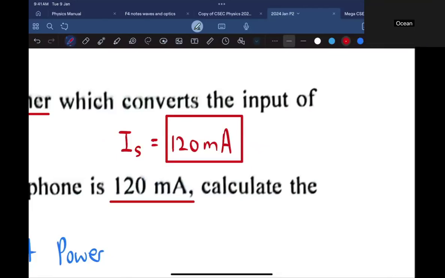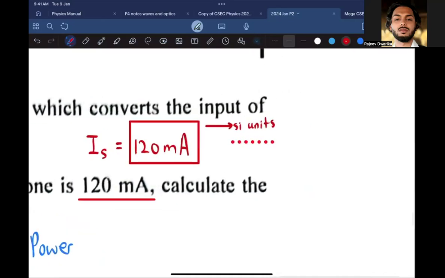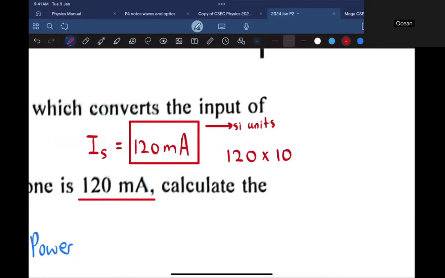Can I work with 120 milliamps? No, I need to convert it to SI units. What does milli mean? Milli means 10 to the minus 3.